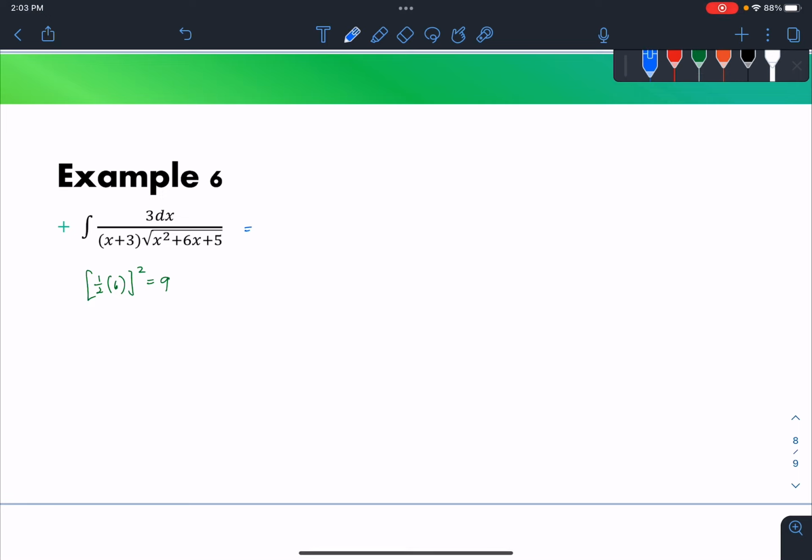So this would make it the integral of 3 dx all over x plus 3, then multiplied with the square root of x squared plus 6x, and then we add 9 and subtract 9, so plus 9 minus 9, and then plus 5.